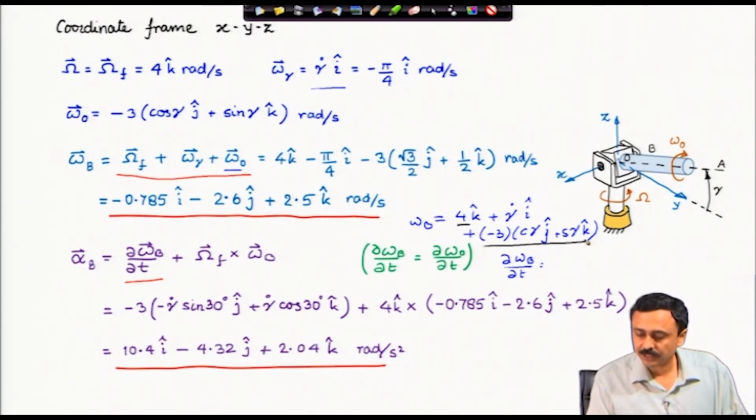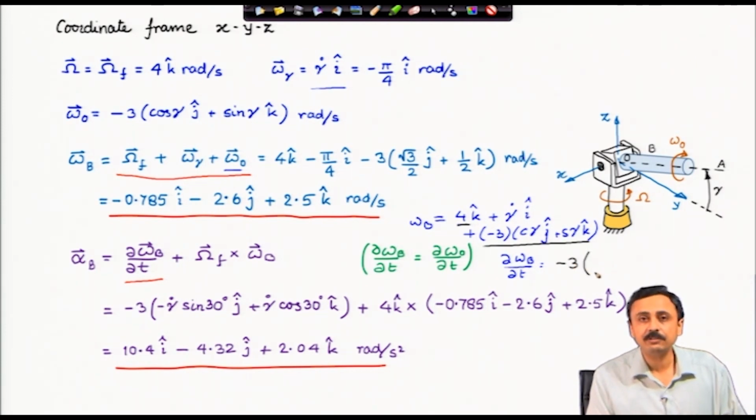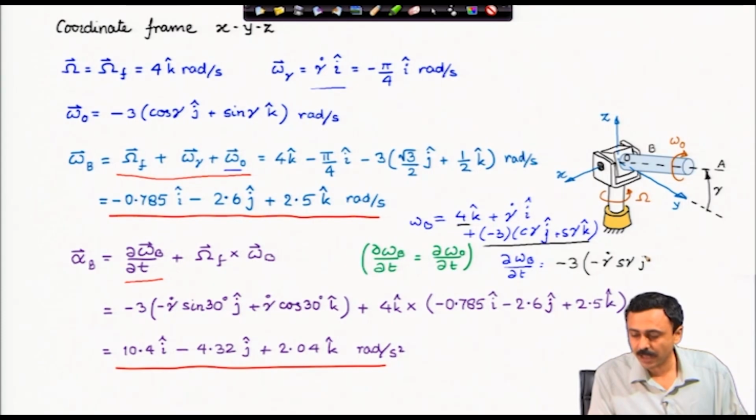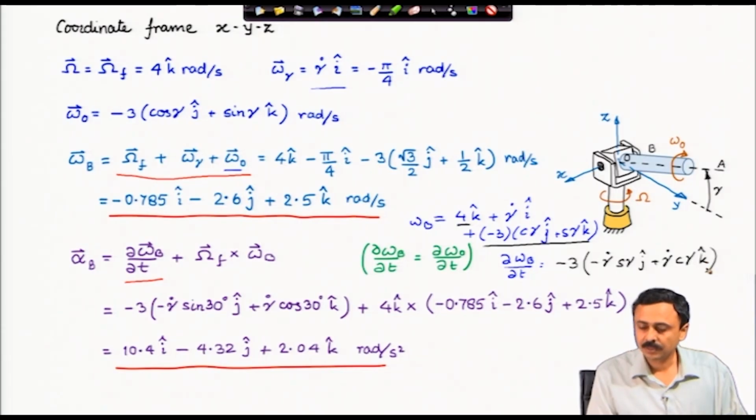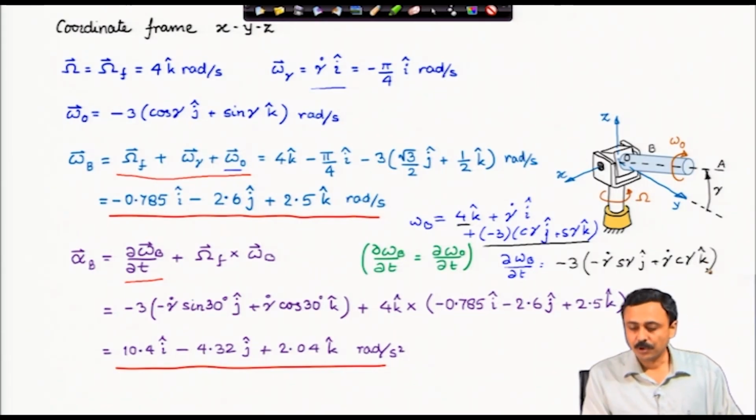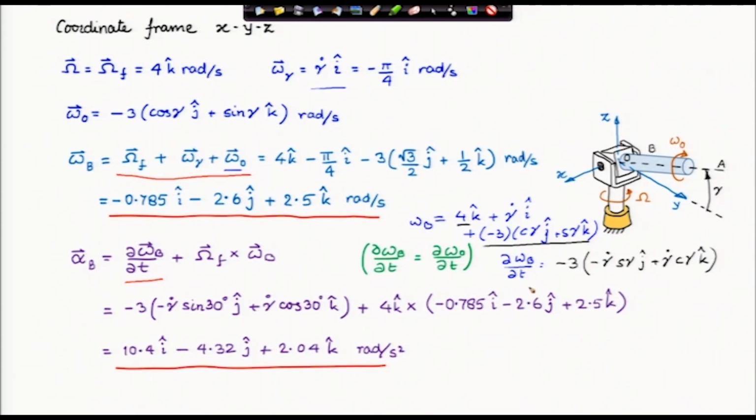But then the third term, when you take the local derivative, it is minus 3, and when I take the derivative of cos gamma, it becomes minus gamma dot sin gamma j cap plus gamma dot cos gamma k cap. Therefore, in this problem we do have a local time derivative of omega body.